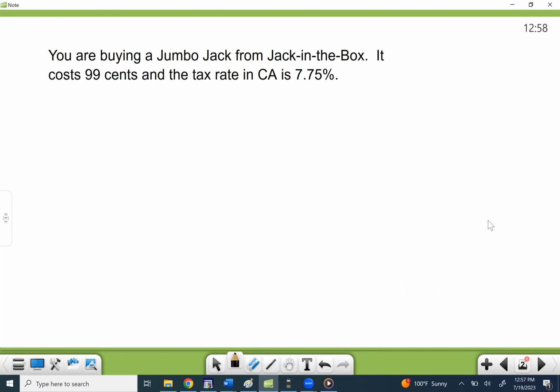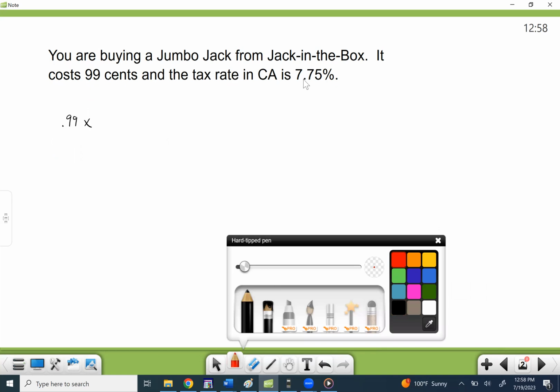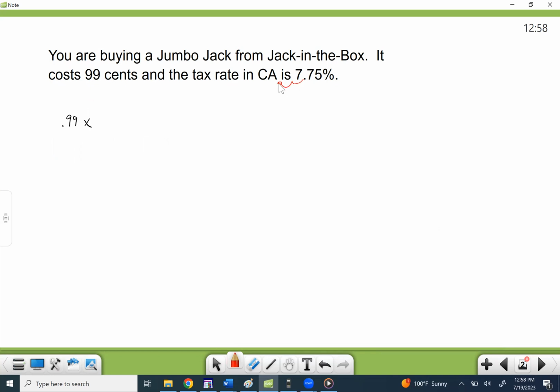So what I was doing in my calculator is I was going, okay, 99 cents times, and I moved the decimal place twice, so it'd be 0.0775. And I figured that out. So let me go to my calculator. I remember it being like 7 cents or 8 cents, I think.